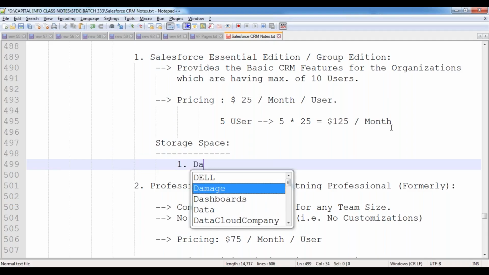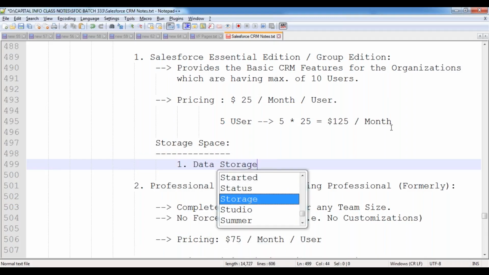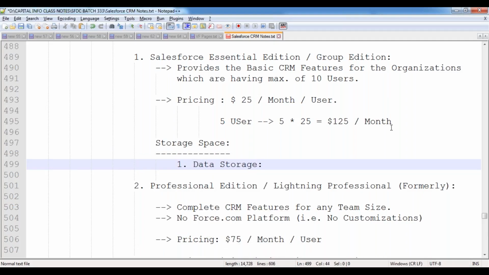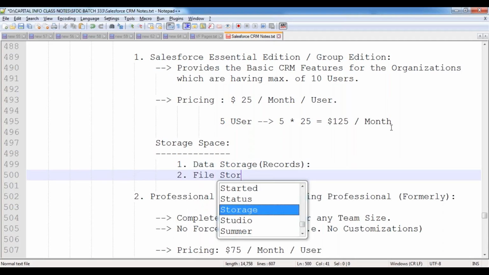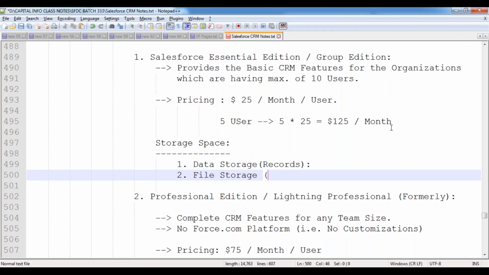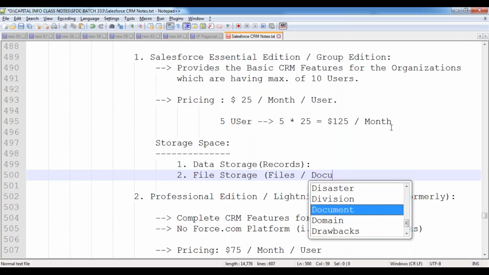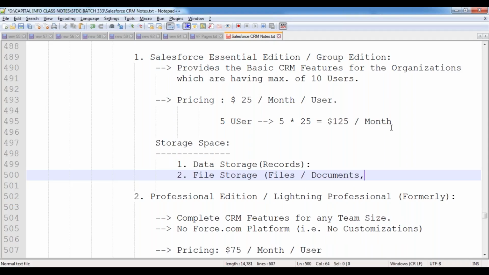First one is data storage. Data storage means records. Second one, file storage. That means files, documents, etc.